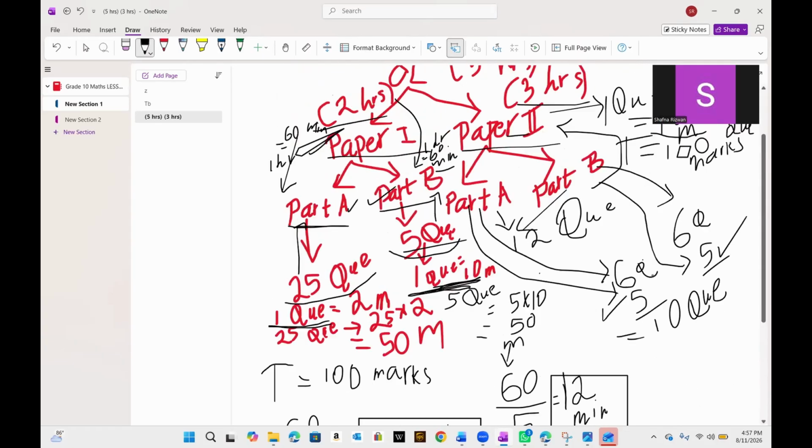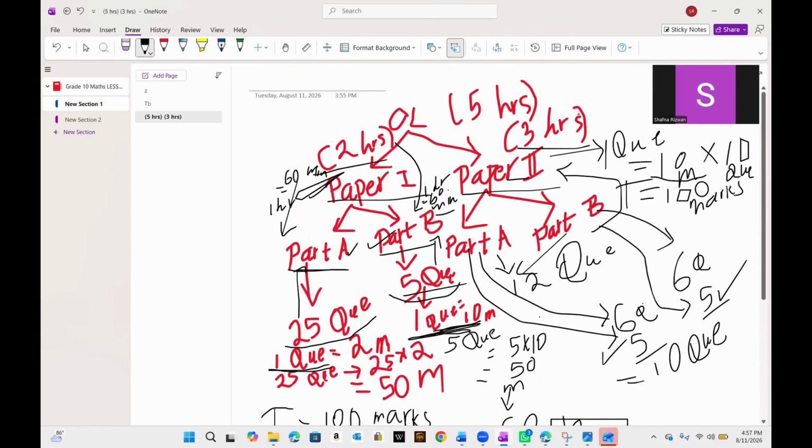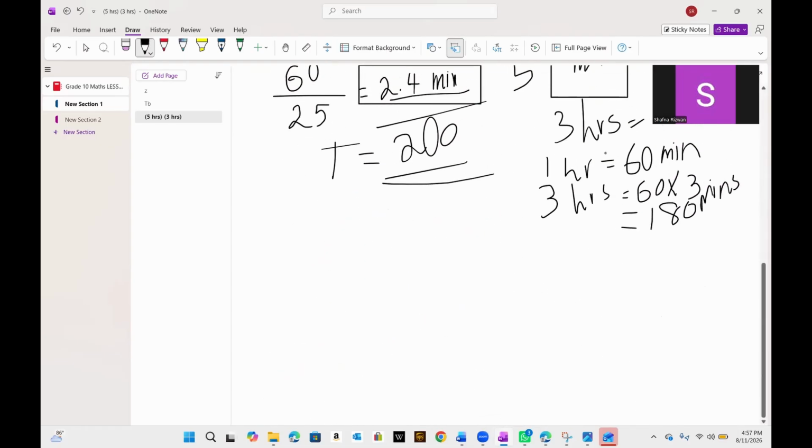So your total duration for paper 2 is how much? It is 180 minutes. When it is 180 minutes, now you have to do how many questions? You have to do around 10 questions. If they have given you 180 minutes in total, then for one question, how much time is allocated?